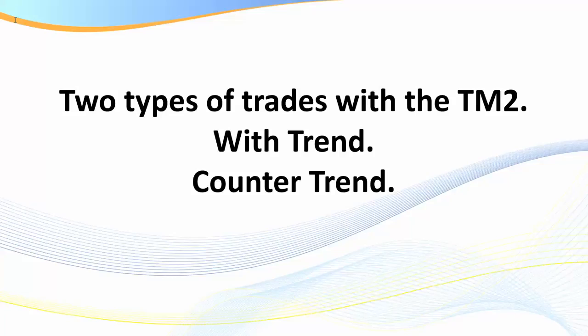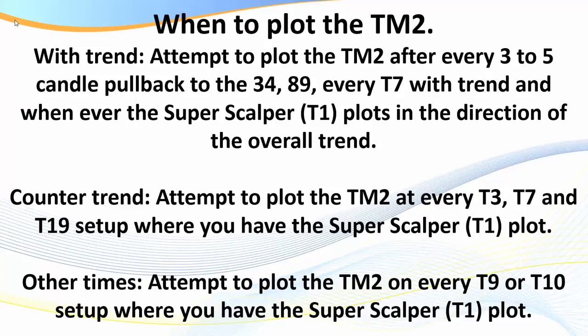However, you'll usually find that the TradeMaster is not picking up our 21Bs or our 34Bs, so that restricts the results I'm giving you here. I'm only giving you the results of where the TradeMaster 2 plots, as I'm going to show you in a moment. So by adding the 21s and the 34s, you'll probably increase the bottom line results I'm about to cover with you as well.